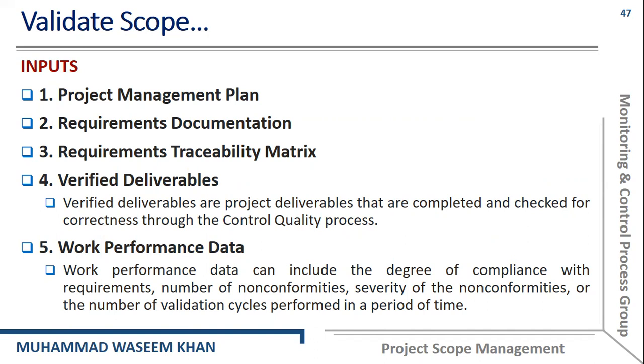So these are included in the work performance data: the compliance with the requirements, whether our product or service fulfills the requirements or not; the number of non-conformities present in any particular product or service, and the severity of those non-conformities; or the number of validation cycles that are performed in a period of time. Data regarding all of these things is recorded, and that is called the work performance data.